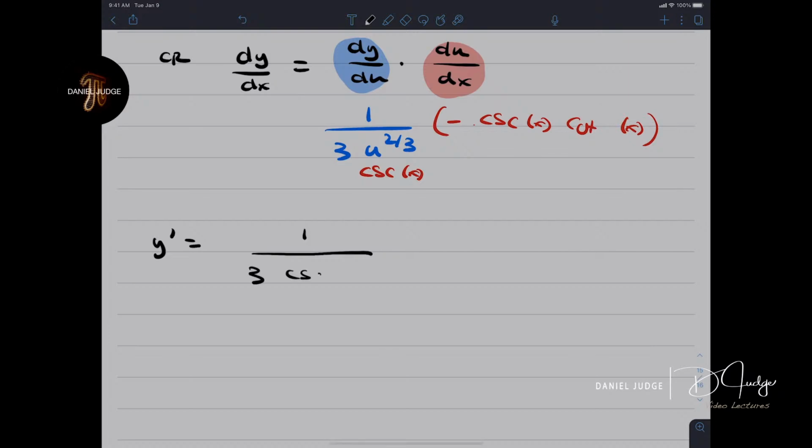Y prime is 1/3 cosecant to the 2/3 power times minus cosecant cotangent.